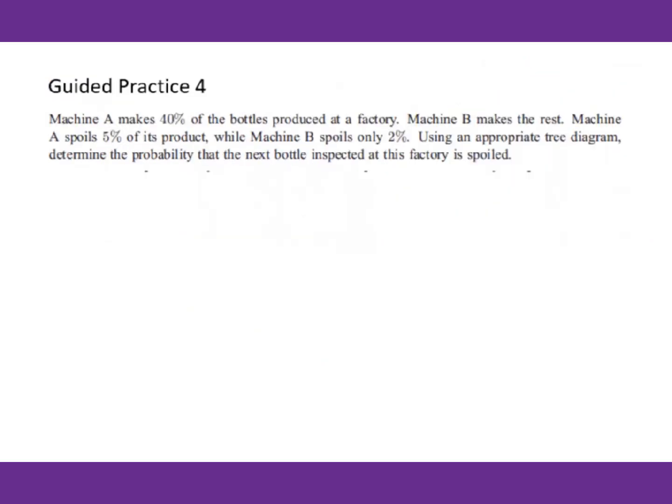Machine A makes 40% of bottles produced at a factory. Machine B makes the rest. Machine A spoils 5% of its product, while Machine B spoils only 2%. Using a proper tree diagram, determine the probability that the next bottle expended at this factory is spoiled.